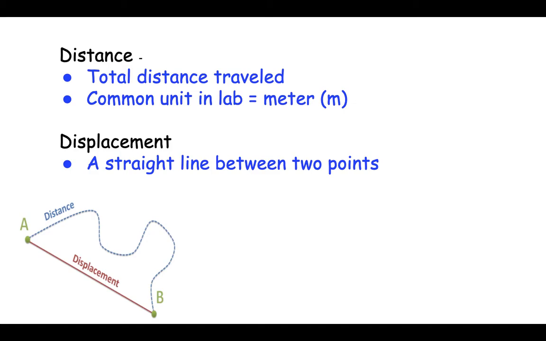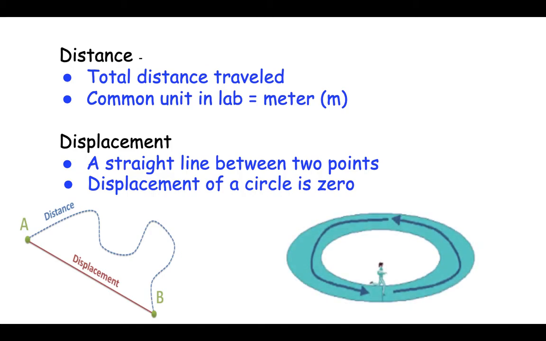The total distance traveled, if you don't go in a straight line, is going to be that dotted line. You can meander all kinds of different places. The displacement is going to be the direct line between points A and B. And so if you go around in a circle, your displacement technically is zero, even though clearly you run around a track, obviously you traveled some distance.